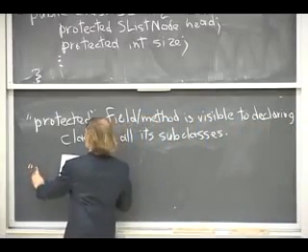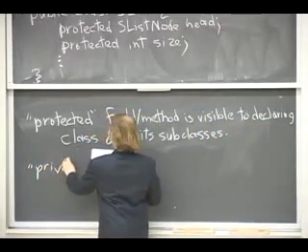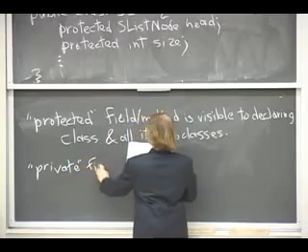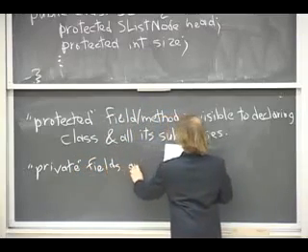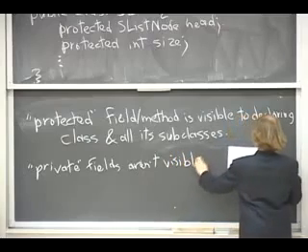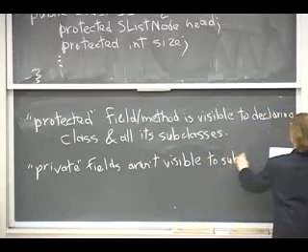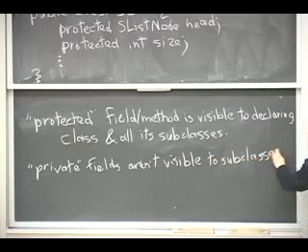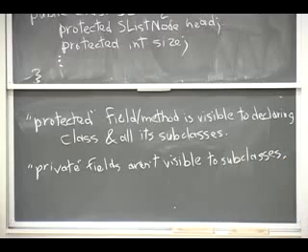By contrast, private fields aren't even visible to subclasses. Which, in my opinion, means that you probably don't want to use the private keyword very often. Most things you would want to declare protected, because you never know when in the future you will want to extend a class. Question?